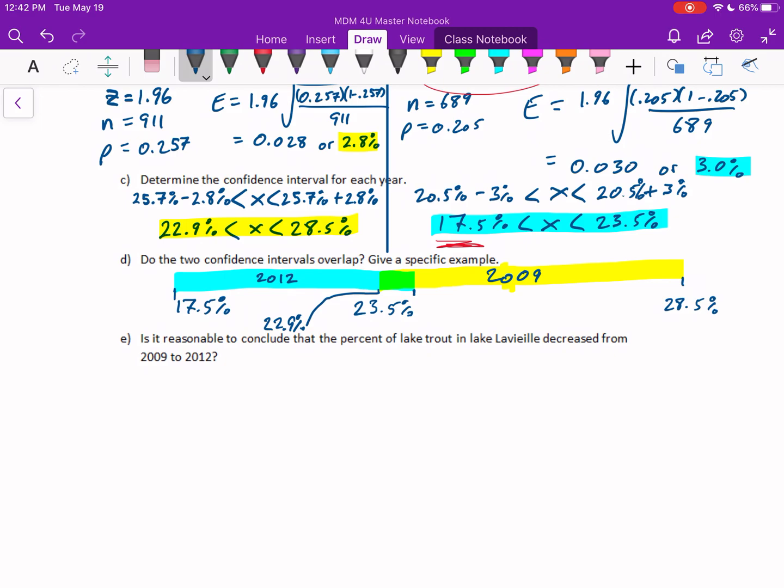So really it overlaps between 22.9% and 23.5%. So this is the overlap here. If I want to give a specific example, I'd pick any number between them, anywhere between these two numbers. Pick one. 23% occurred in both years. 23.1%, 23.2%.